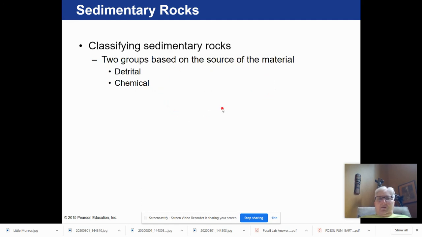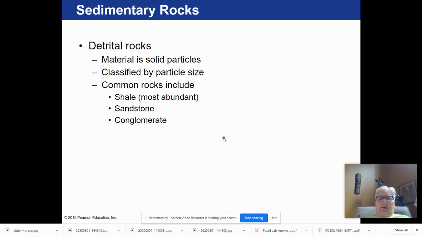We basically have two types of sedimentary rock, detrital or detritus, which is dead organic matter, or chemical, usually in the form of some type of gas material.